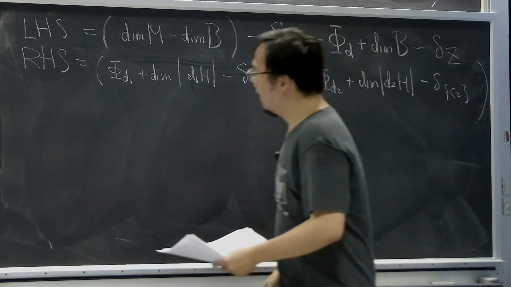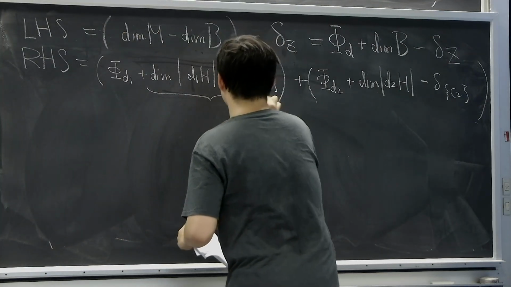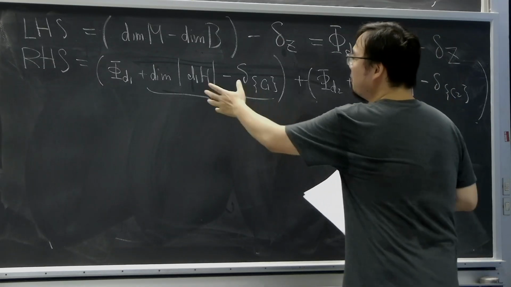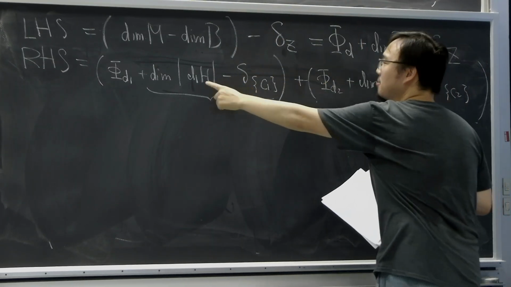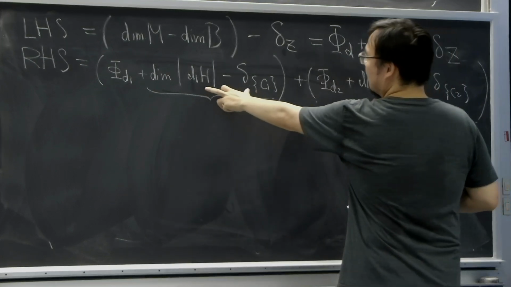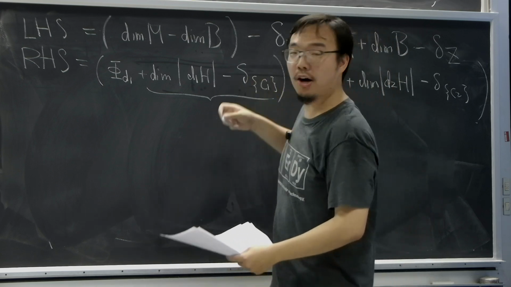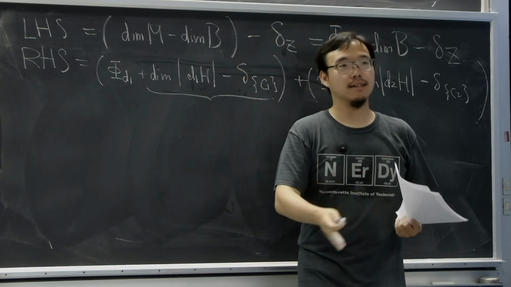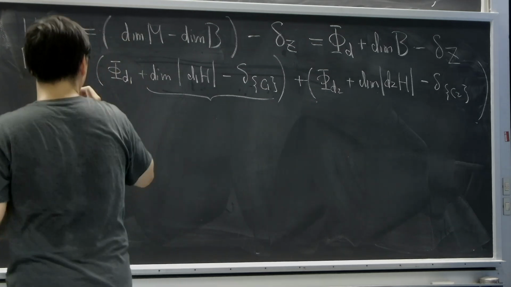Okay. And then if you stare at the left-hand side, you see this term. You know that instead of the moduli space of degree D, you can consider the moduli space of degree D1. And you know this kind of thing will be bounded by the Severi inequality. So the delta C1 will be bounded by the codimension of the corresponding stratum. So then this tells you this is a lower bound.